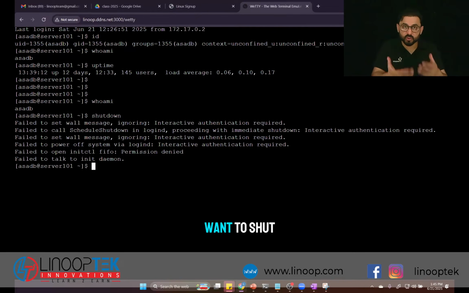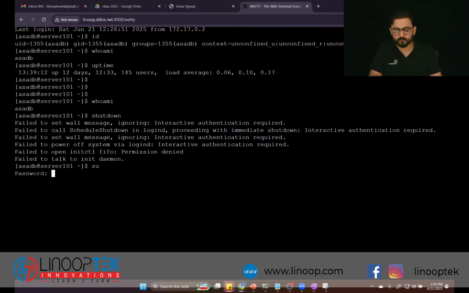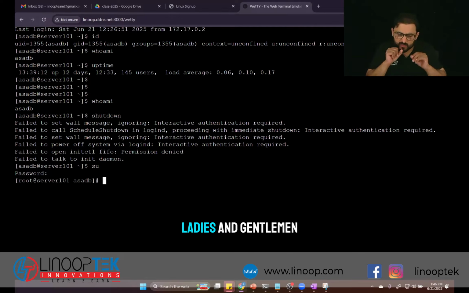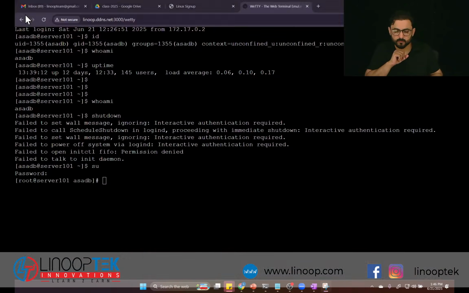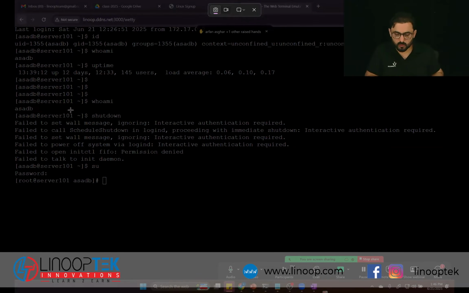Now, if I want to shut down, I will need to change to another account, which is the root account. And how do I become root? This is where the flexibility in Linux is. You simply type the su command. And now I need to know the root password. And now I'm root. Ladies and gentlemen, I want you to pay attention to these two things.